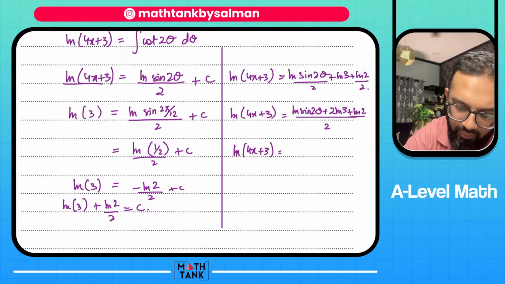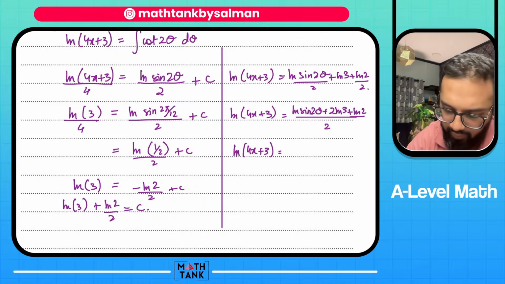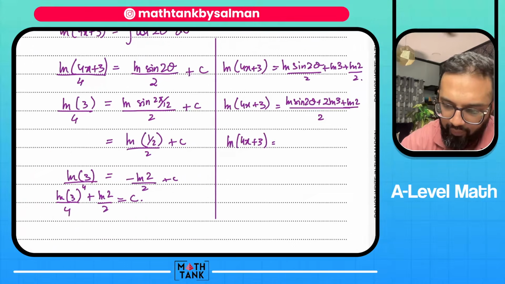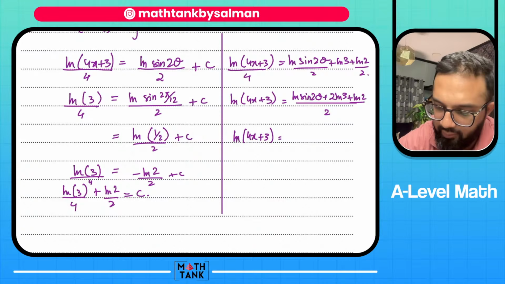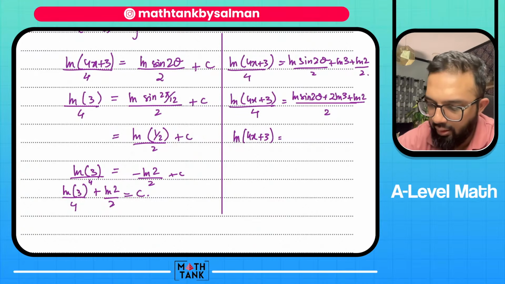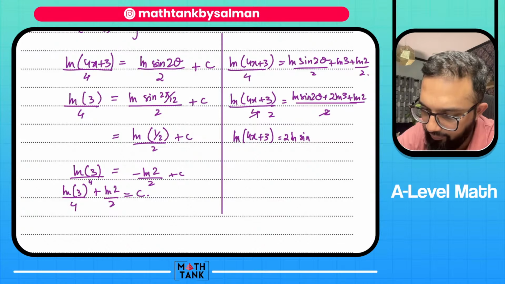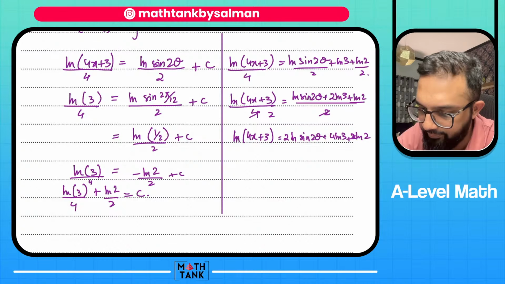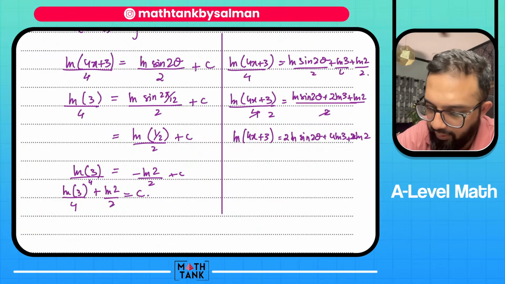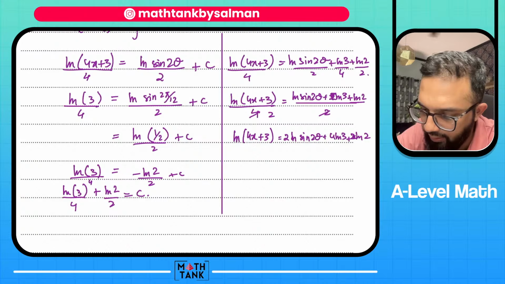Okay, I've forgotten to divide by 4 here. Yeah, that's the mistake that I've made. Costly mistake. So 2 times 1, 2 times 2. So 2 ln sine 2 theta plus 4 ln 3 plus 2 ln 2. That should also be divided by 4, so there's a problem there as well.